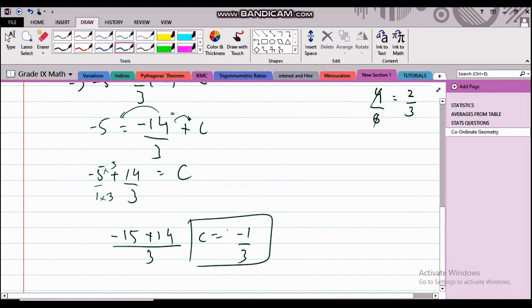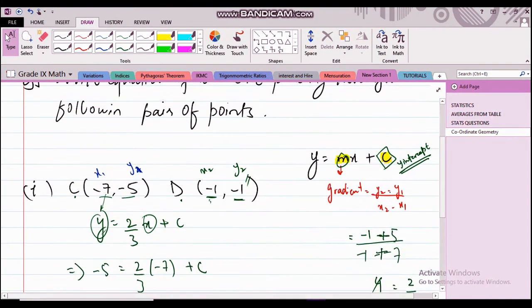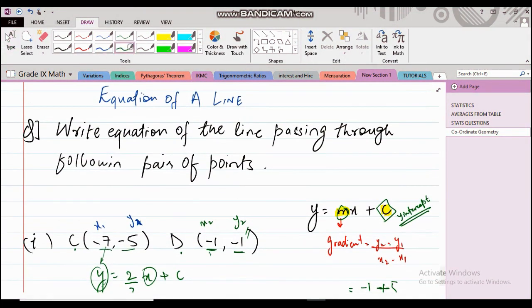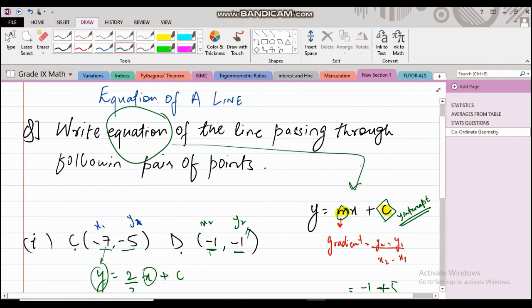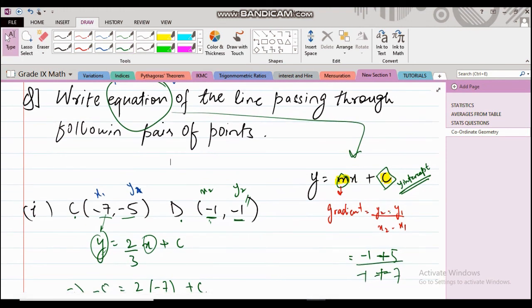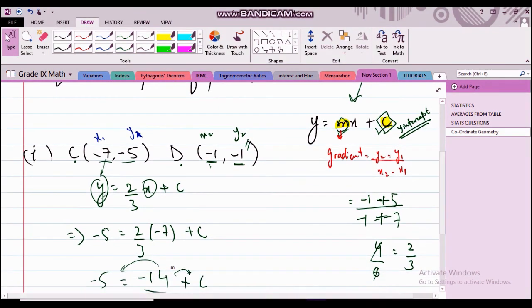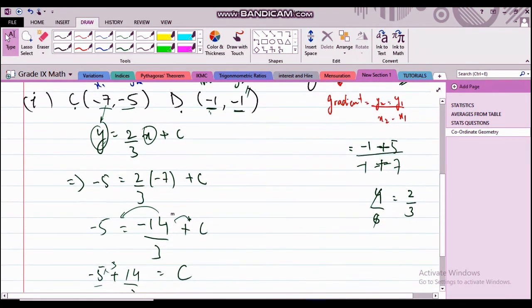Now remember, you had to find the equation, and the equation has to be in this form. So we have our m, we have our c, both things are done. Now what do we need to do? We just need to substitute the values of m and c back into the equation.